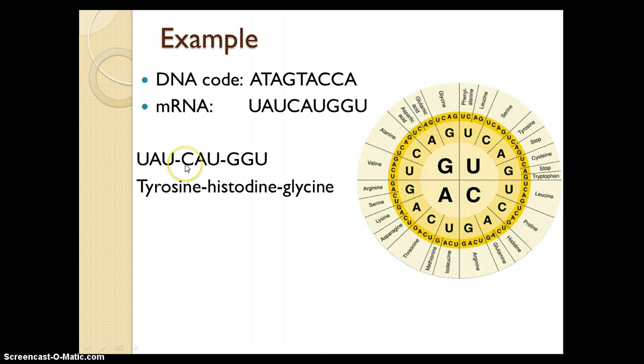The second codon, CAU. So we start out in the middle with C, and then we move outwards towards A, and then U, and we see it's histidine. And we'll do the same thing with glycine. G, G, U, glycine.